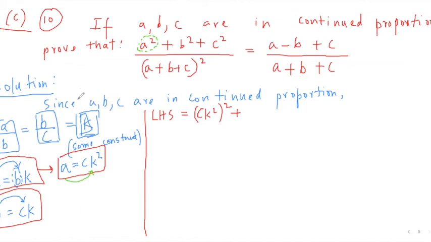Oh, no, no, sorry. What am I doing? My bad. Yeah, B squared is equal to CK squared, right? I'm sorry, B squared is equal to CK squared. Is that okay? Is that all right? Yes, sir. Plus C squared. Okay, let's go over this quickly now.